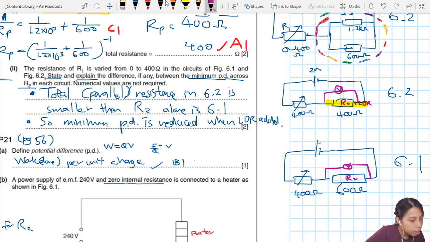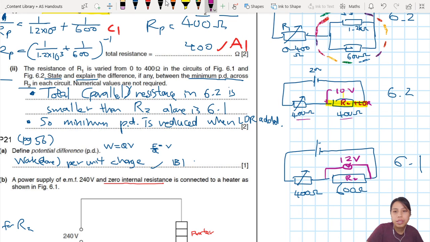In the original one, part B, we already calculated the minimum PD is 12 volts here. But if now we have added the LDR, you have an effective parallel resistance of 400. 400 and 400 means your voltage drop across the LDR plus R2 here is half.